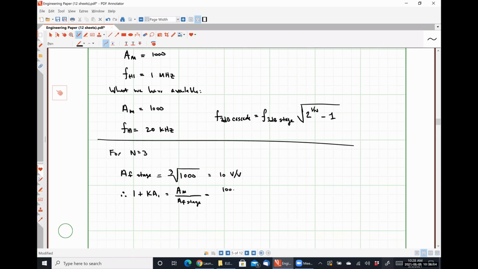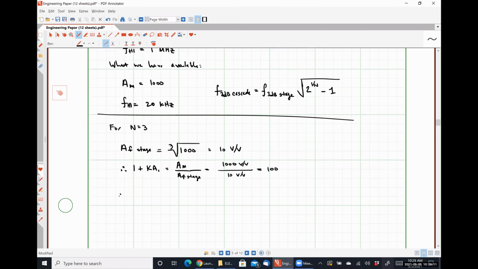So that would be 1000 volts per volt divided by 10 volts per volt, which would give us 100 as our amount of feedback. And from that, KA1 must be 99, and therefore the feedback factor that we are applying to all of our three identical stages is K equal to 0.099 volts per volt. All right.